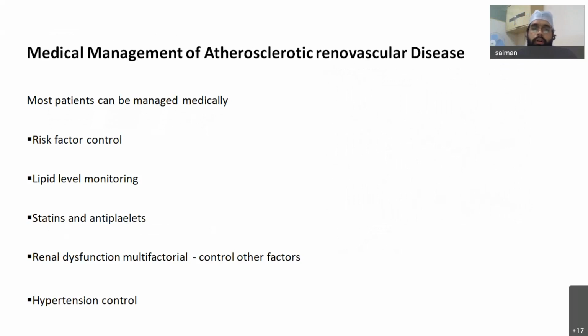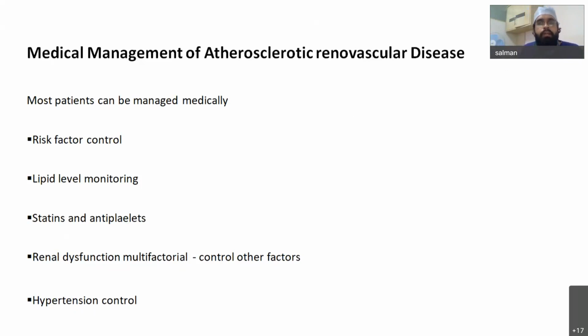So going on to the medical management of atherosclerotic renovascular disease. As renal arterial stenting was popularized, multiple centers started using prophylactic renal arterial stenting whenever they found a lesion which they considered to be significant.